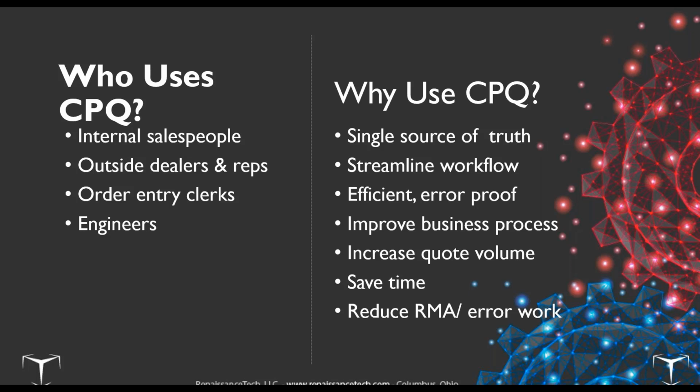It's going to make your quoting process a lot more efficient, and it's going to improve your business process. And because of those two reasons, you're going to increase the quote volume overall, because once you eliminate errors and inefficiencies through the quoting process, you're actually going to have more time to push out more quotes. So it's also a time saver, and it also reduces RMA and error work.